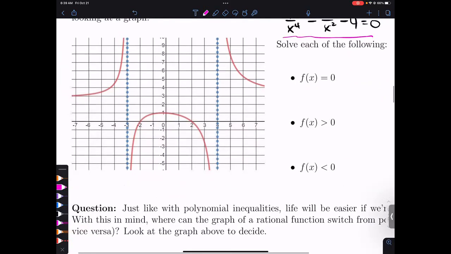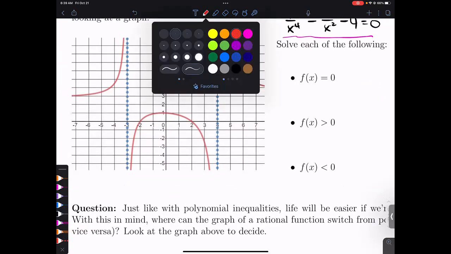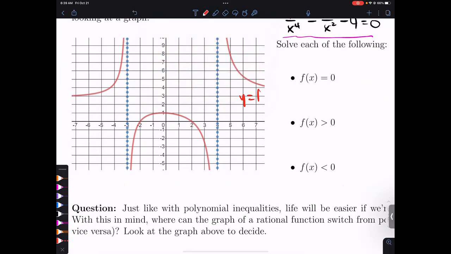Here's a graph of a thing, right? So this curve in red, this is y equals f of x. If we're going to think about solving where f of x is equal to 0, what does that mean? What are we looking for there? Anytime you set a function equal to 0, you're finding its x-intercepts, or its zeros, right?